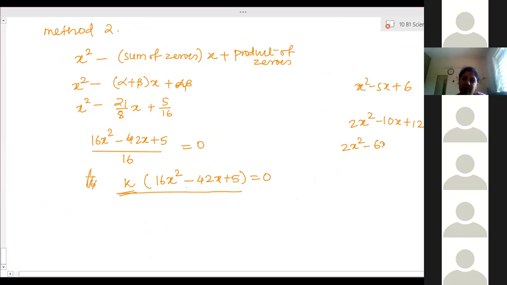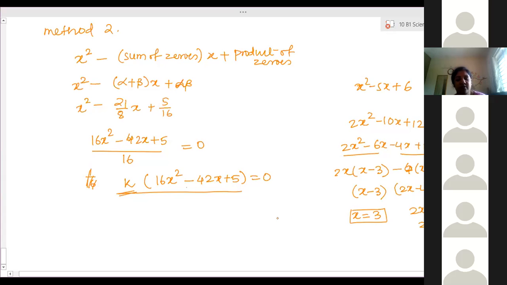So 2x square minus 6x minus 4x plus 12. Factorize: 2x into bracket x minus 3, minus 4 into bracket x minus 3. So you will get x minus 3 into 2x minus 4 as factors. So x is equal to 3, or 2x minus 4 is equal to 0, so 2x is equal to 4, x is equal to 2. So you got the same zeros.